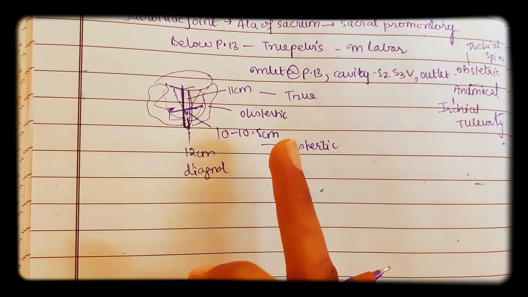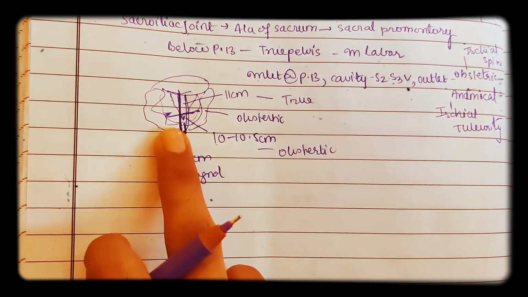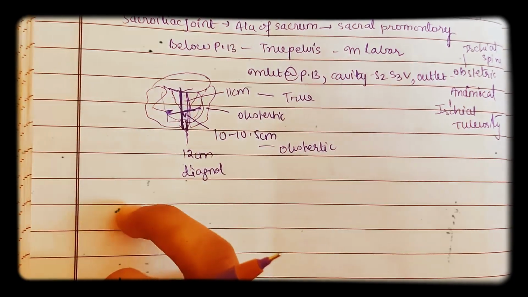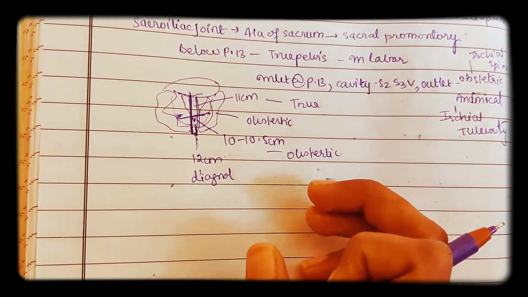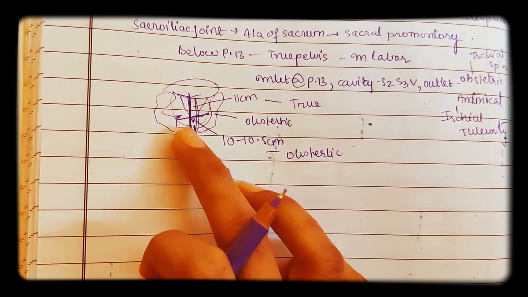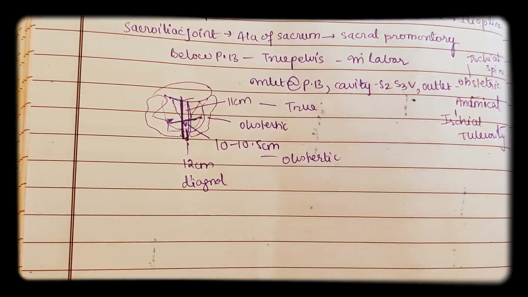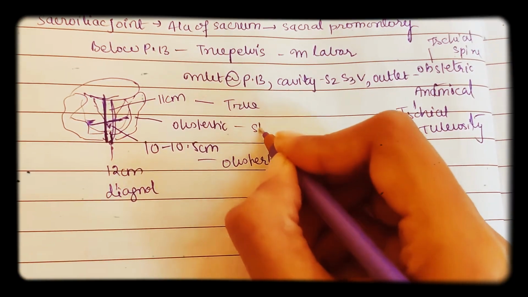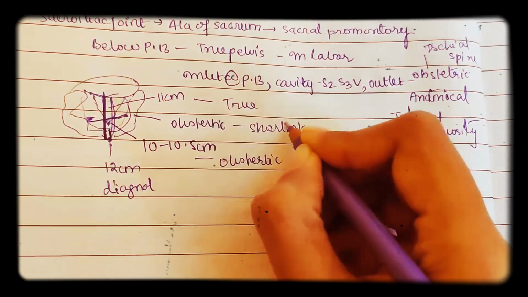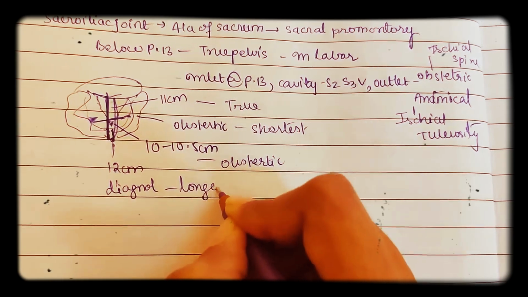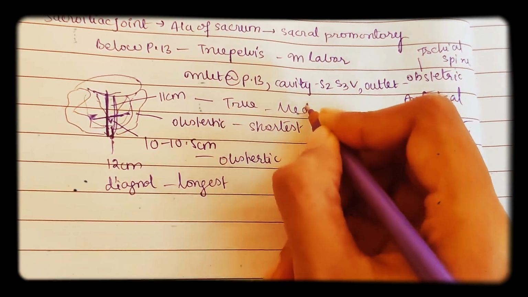The next biggest one is true conjugate, from the pubic symphysis to sacral promontory. And next comes the obstetric, from the midpoint of pubic symphysis to the sacral promontory, between 10 to 10.5 centimeters. So the obstetric is the shortest one, this is the longest one, and this is in the medium.